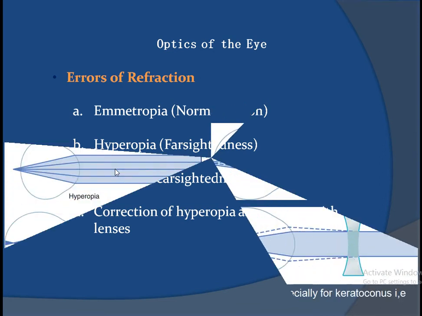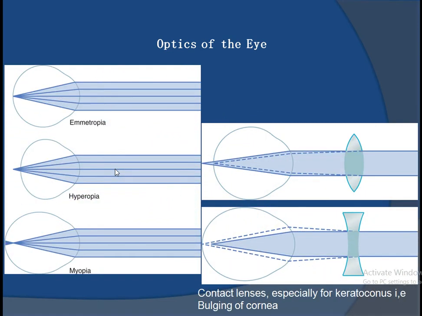So the first one, we must know the normal eye, which is called emmetropia. Up till now we have discussed the refractive power which is offered by the cornea and also the lens.